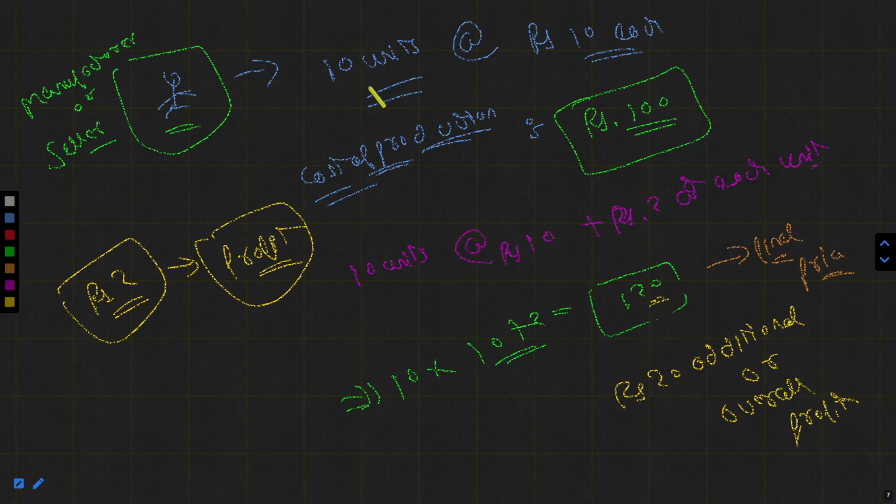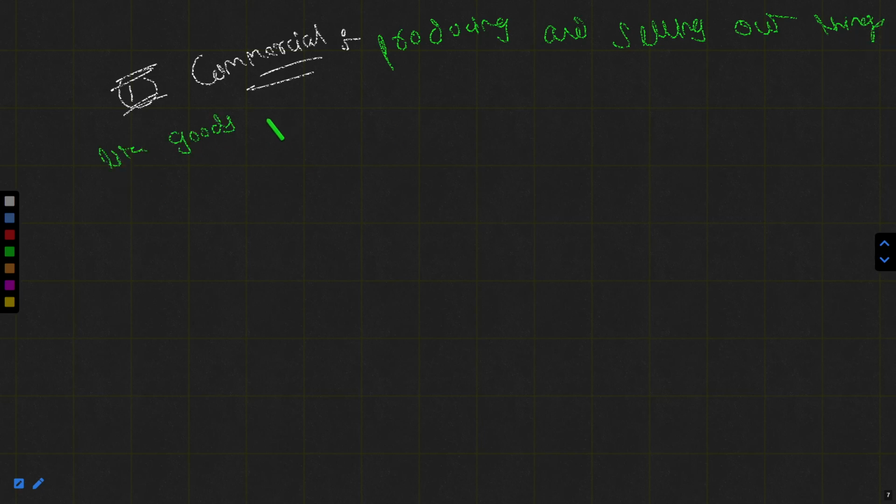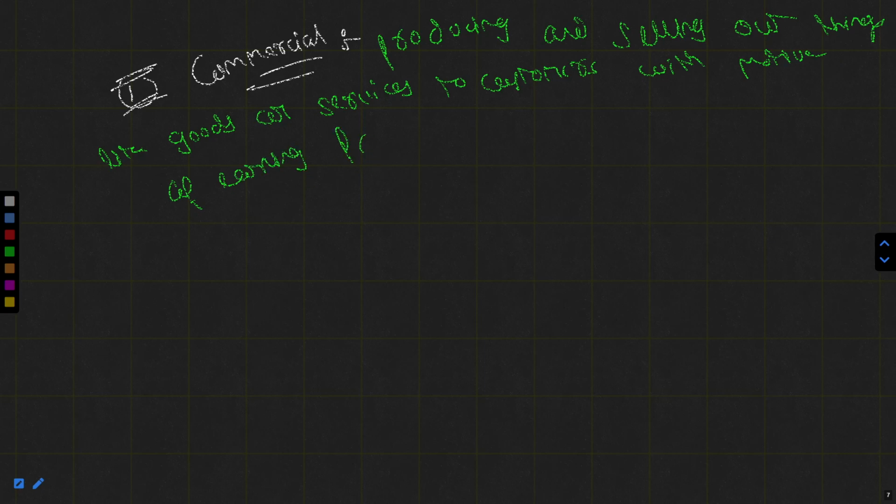All right, so we can say commercialness is basically producing and selling things like goods or services to customers with the motive of earning profit.